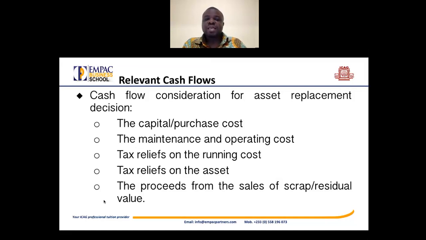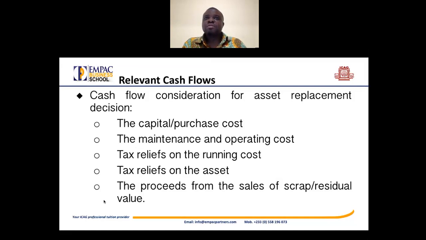Then we also look at tax reliefs on the running costs. The maintenance and operating costs may also attract some tax reliefs. So for example, if you use a machine to generate some inventory or revenue, there will be costs associated with running the machine in generating the revenue.